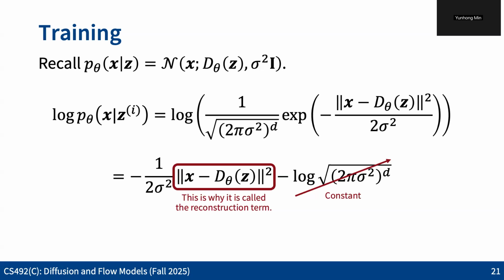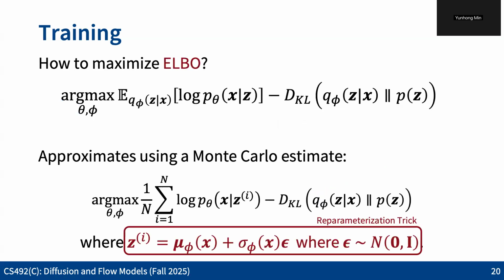That is exactly the same loss that we see in the training of the autoencoder, right? So from this, you can see that this becomes quite the same as the training of the autoencoder. If we only look at this reconstruction term, the only difference is that we additionally have this KL divergence regularization.